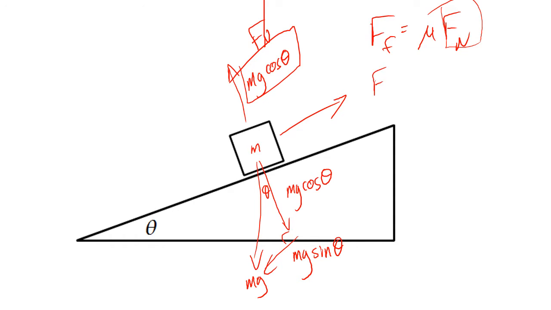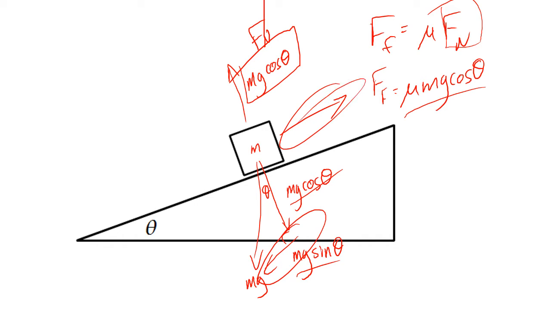So your force of friction is going to equal mu times mg cosine theta. Now, you don't have to memorize this stuff, but you need to be aware of how it's calculated, and that's what really matters. So, if it's sliding down there, you'll have this force that's pushing it down and this force that's pulling it up. Now, it depends on the angle if it will slide or not.